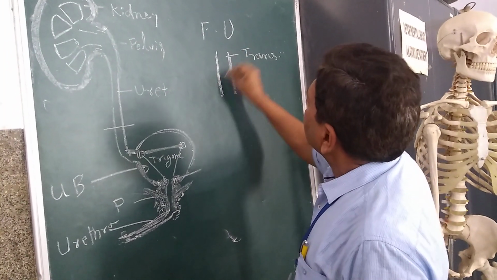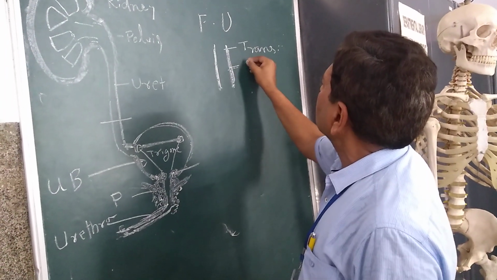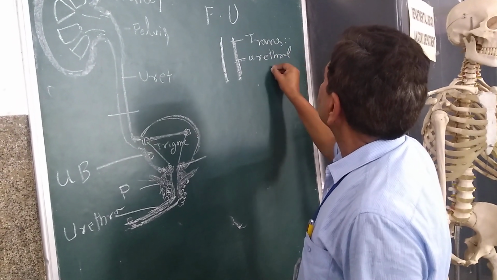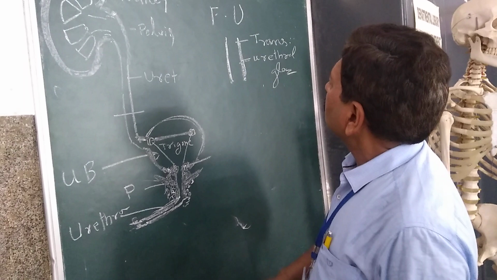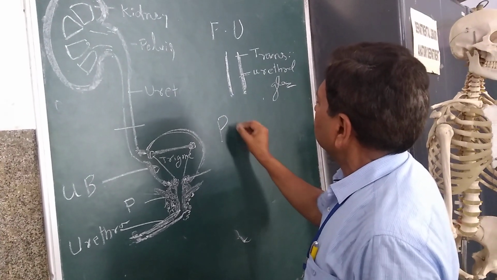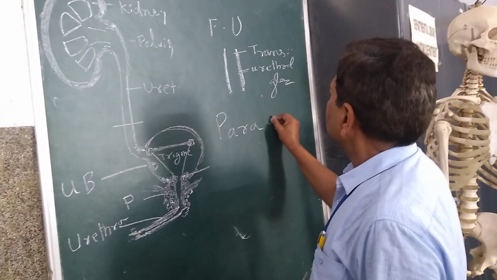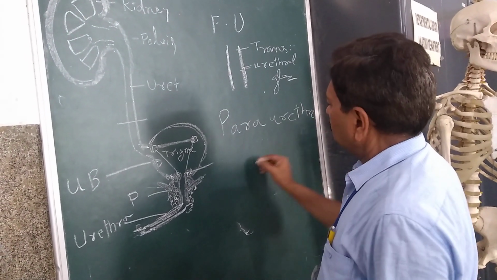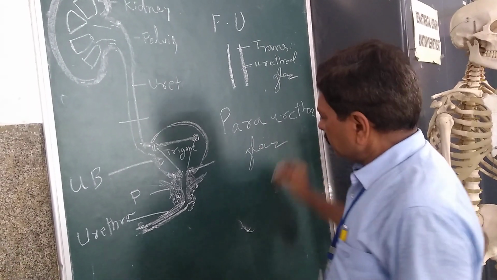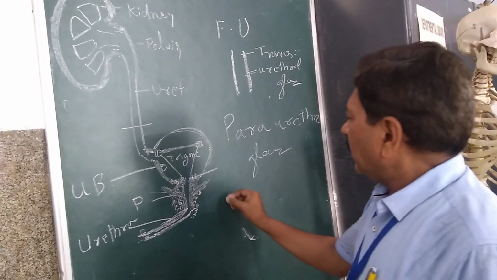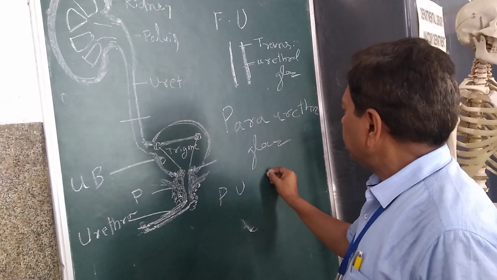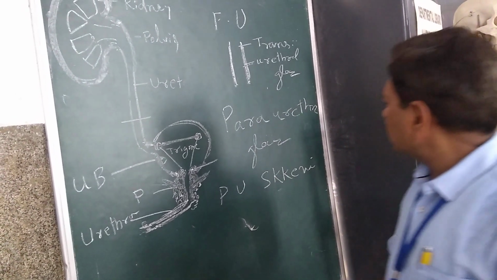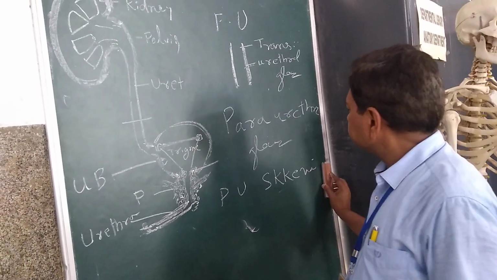There are two types of gland in the female urethra. One is the urethral gland, as in the male. The other is the paraurethral gland, also called the paraurethral gland of Skene.